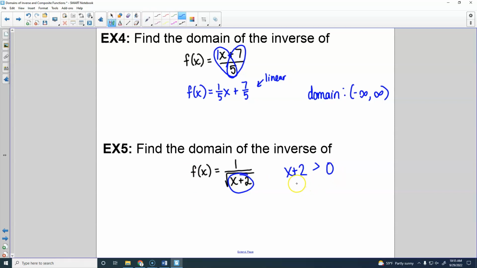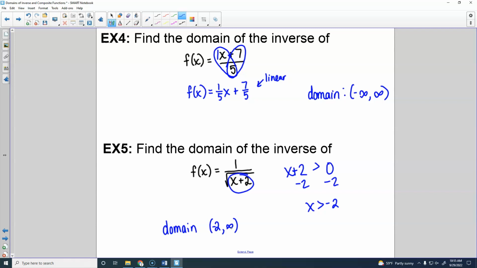And so we will subtract the 2. x will be greater than negative 2. And so for the domain, you might see it written as x is greater than negative 2, or if we do that with intervals, it'll look like this.